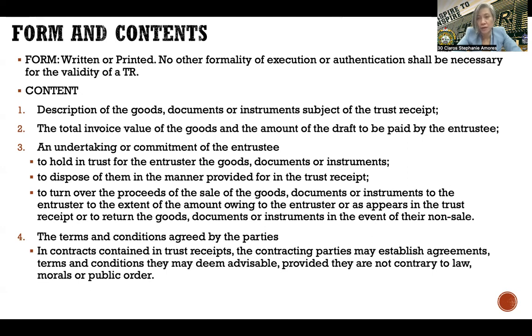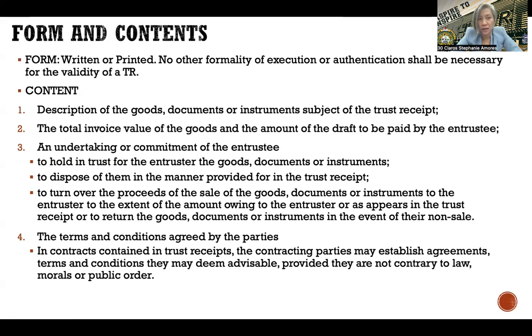There must be a specific provision, which is an undertaking or commitment of the entrustee to hold in trust for the entruster the goods, documents, or instruments, and to dispose of them in accordance with the purposes provided in the trust receipt.